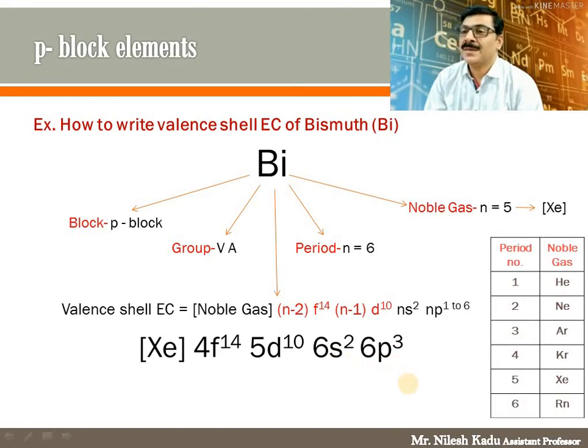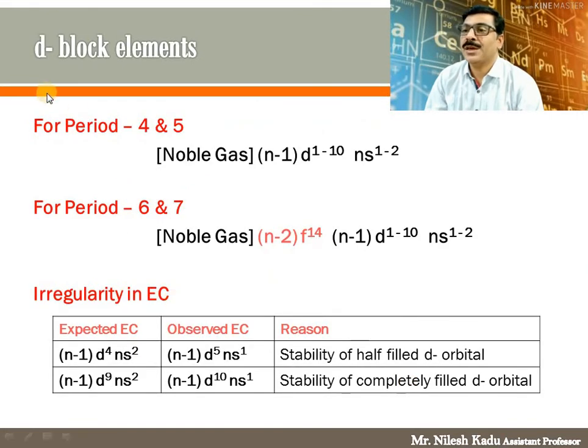Now, how to write the valence shell electronic configuration for a d block element? For writing the valence shell electronic configuration for a d block element, it again depends upon the period number.